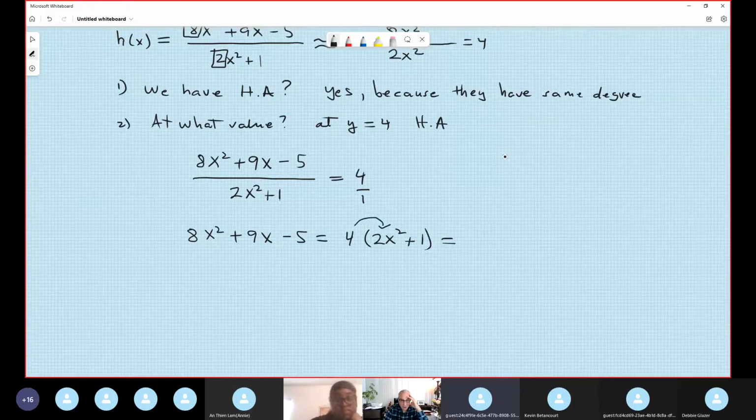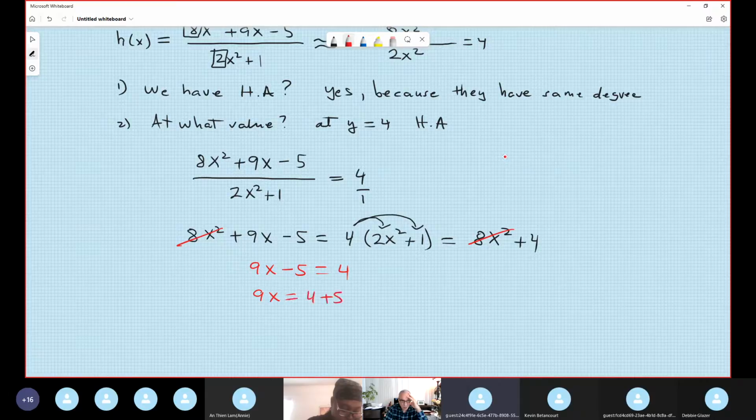Okay, you distribute it now. It's 8x squared plus 4. Wow, look at that, what's going on. The 8x squared and the 8x squared cancel out. And stay alive, 9x minus 5 equals 4. So for x, linear equation, 9x is equal to 4 plus 5. 4 plus 5 is 9. Divided by 9. Divided by 9 is obvious that x is 1.